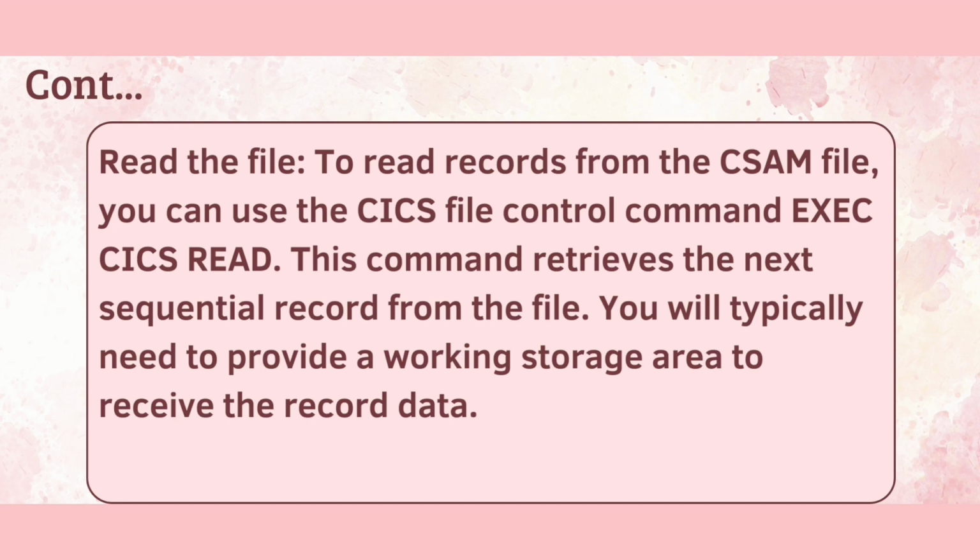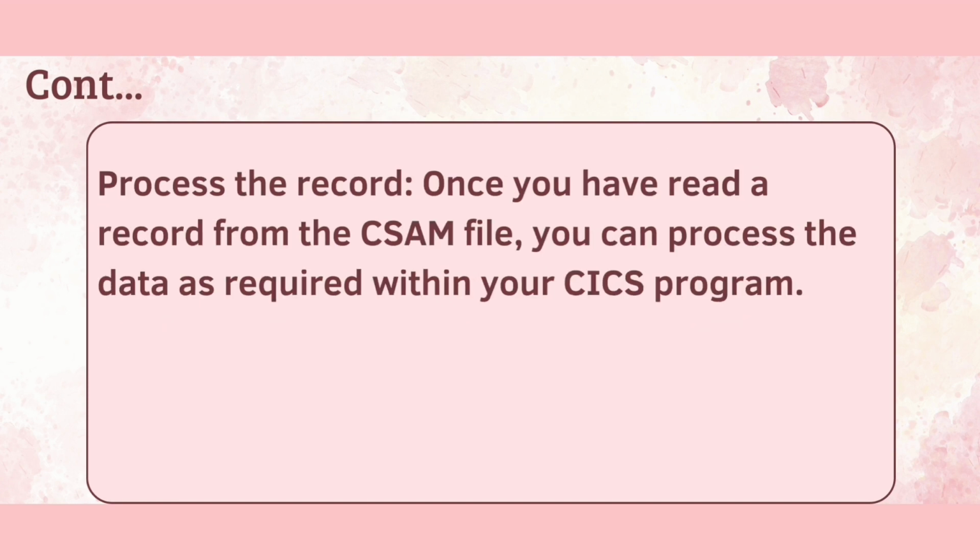Next step is reading the file. To read records from the CSAM file, you can use the CICS file control command EXEC CICS READ. This command retrieves the next sequential record from the file. You will typically need to provide a working storage area to receive the record data.